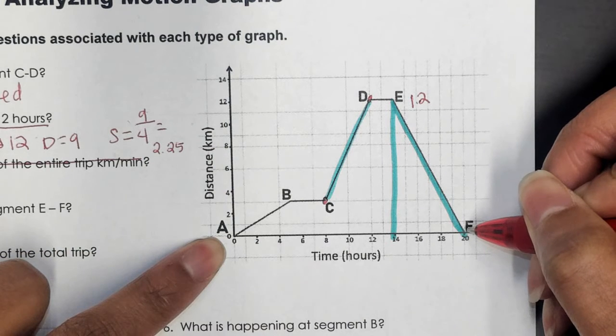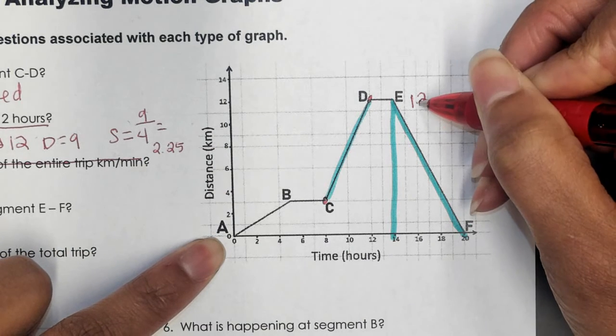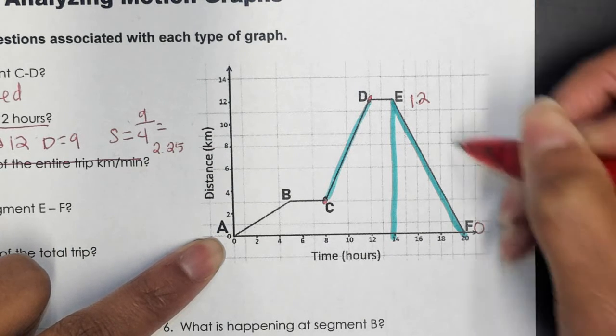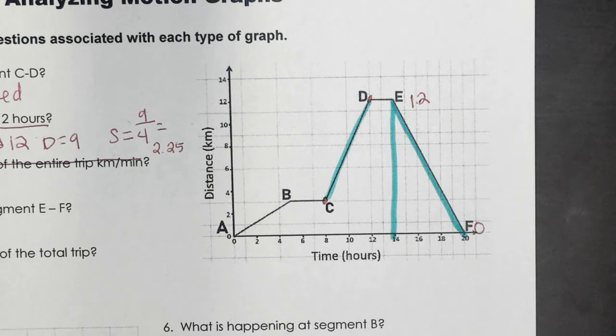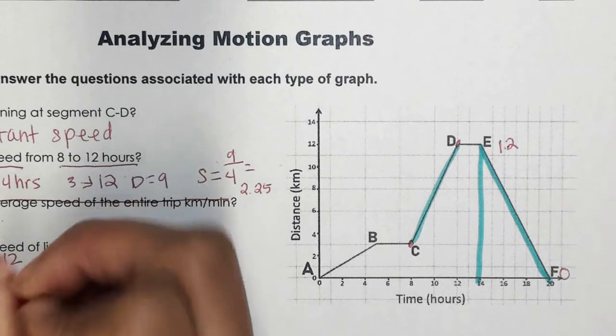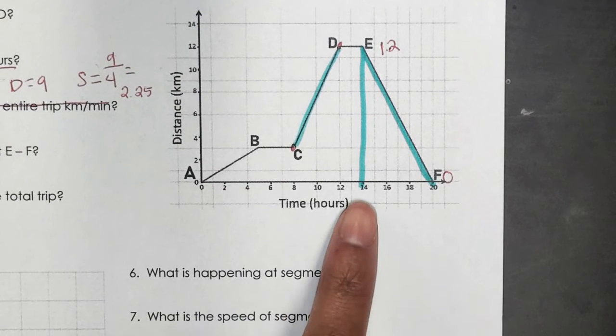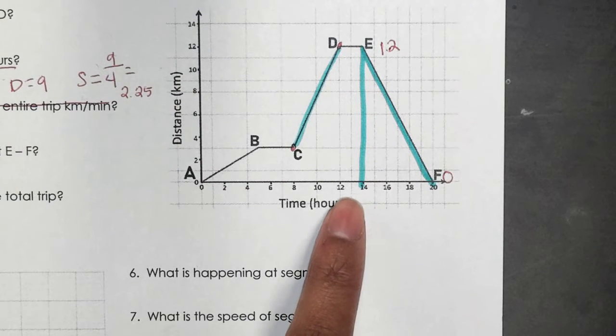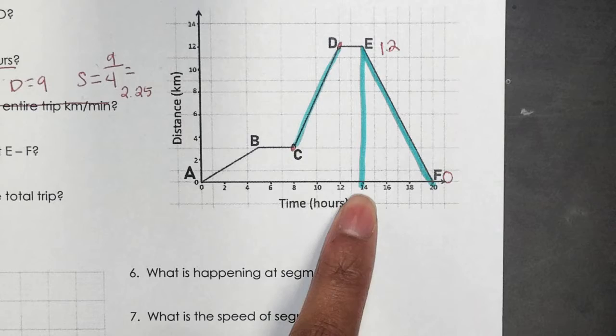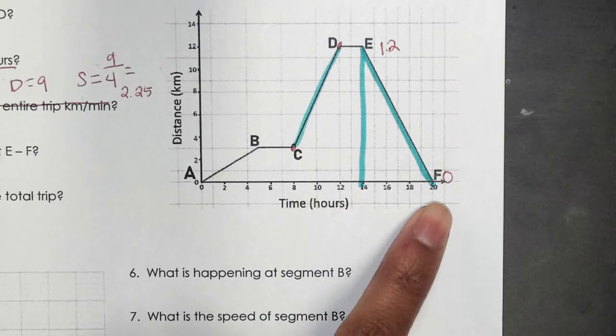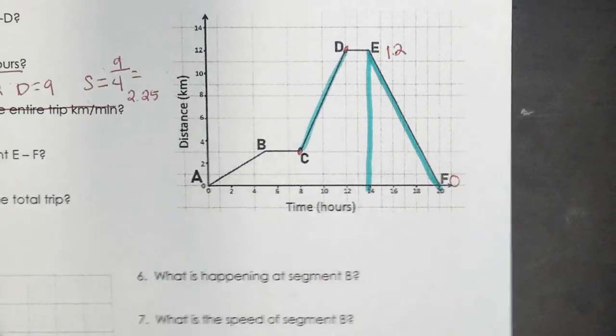Does that make sense? Okay. So if you started at 12 and you walked to 0, how far did you walk? 12. So my distance is 12. And now here's my time. I started walking at 14 hours, and I didn't finish until 20 hours. How many hours passed? 6.